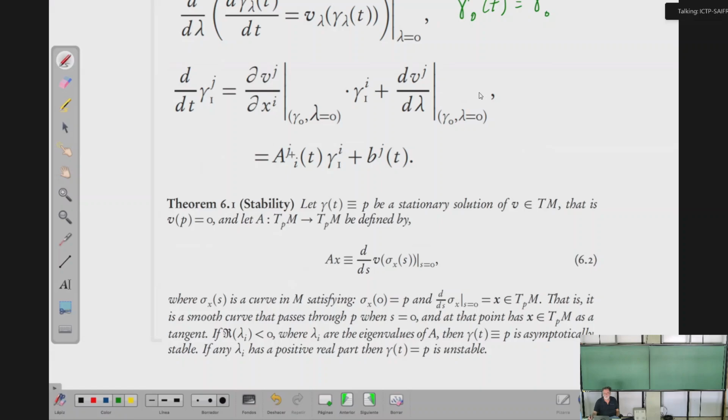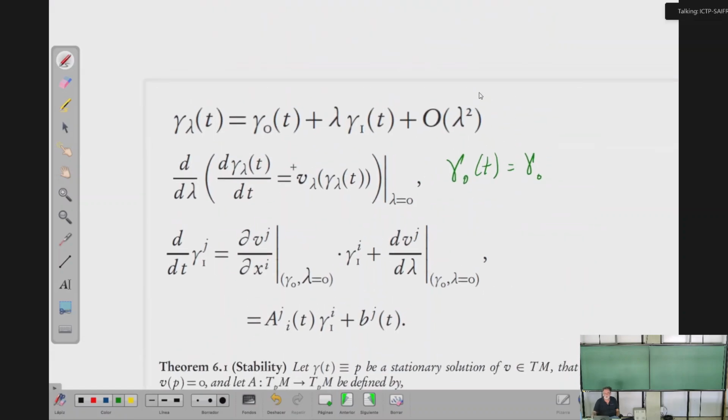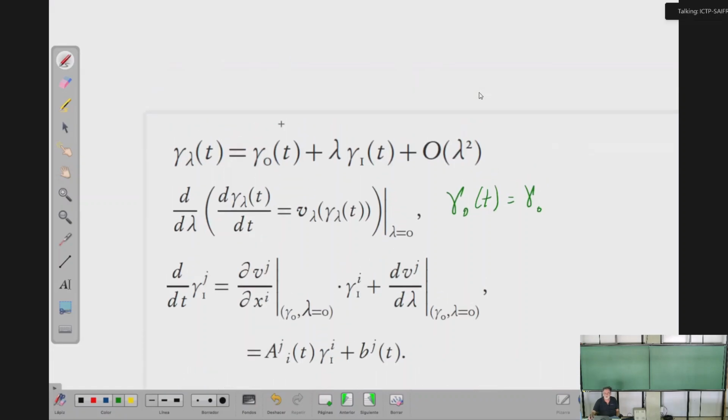So for looking at the stability of the initial system, the initial system was d gamma dt equals b of gamma. And we have a gamma naught of t, gamma naught of t equal to gamma 0, a constant.